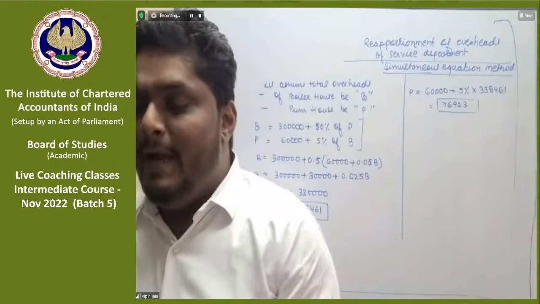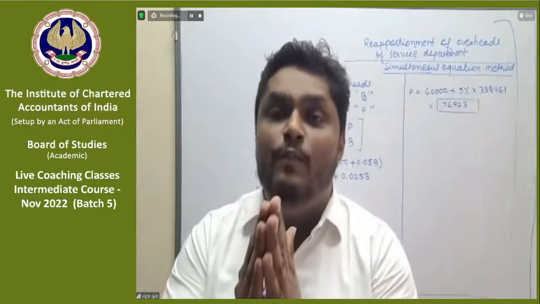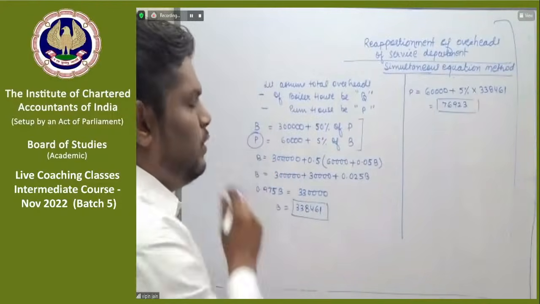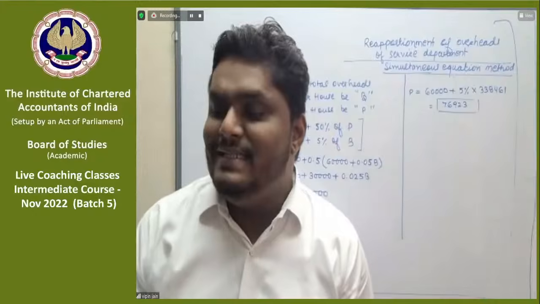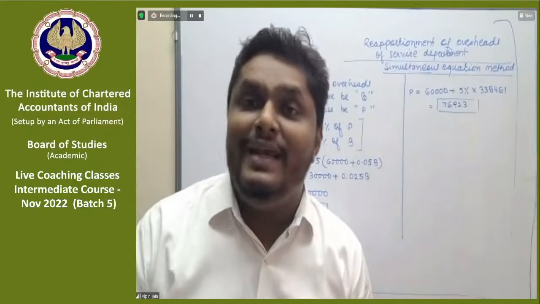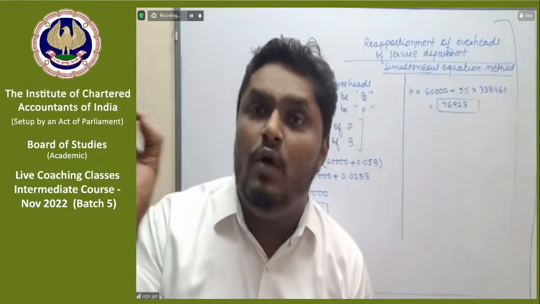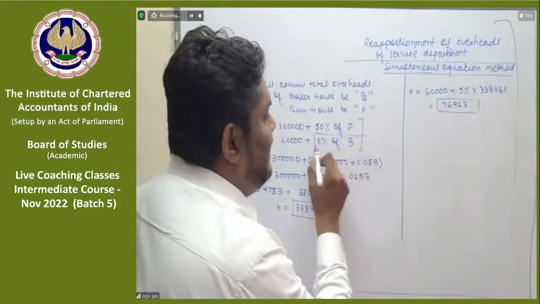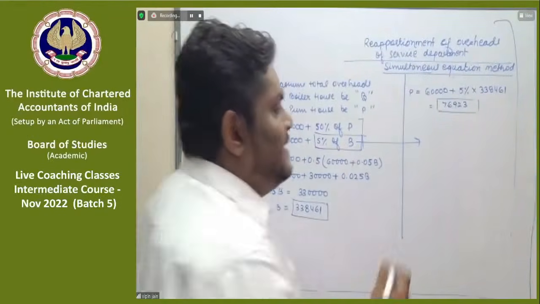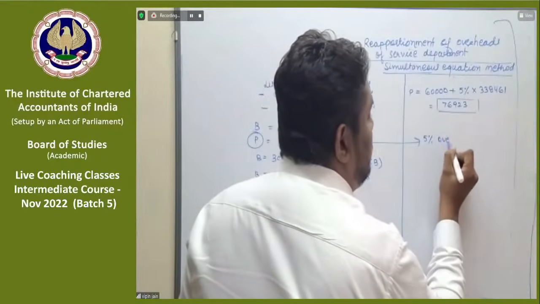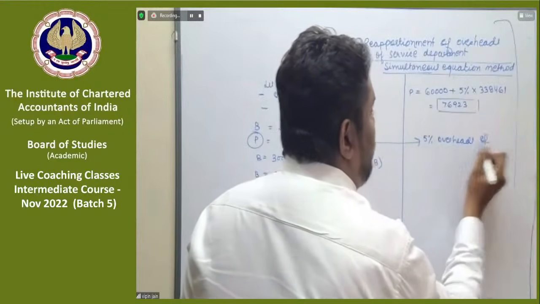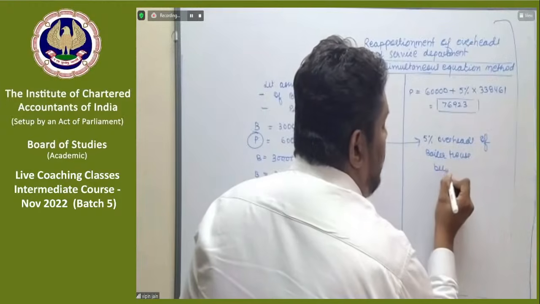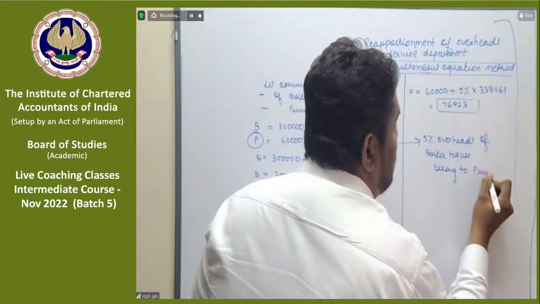For your reference, again I am saying that certain percentage of boiler house overheads belongs to P. So when talking about the total overheads of pump house, that will be 60,000 plus certain percentage of B. And it is given in the question that 5% of boiler house overheads belongs to pump house.